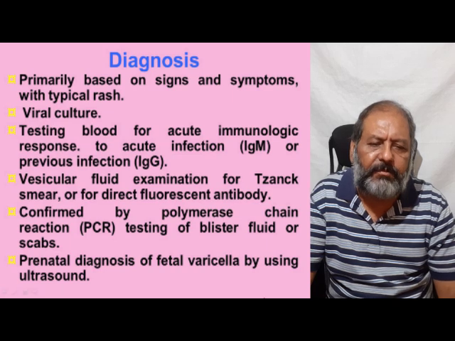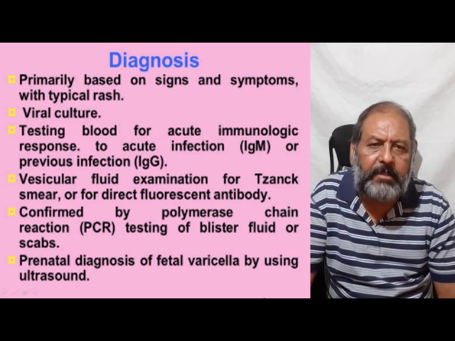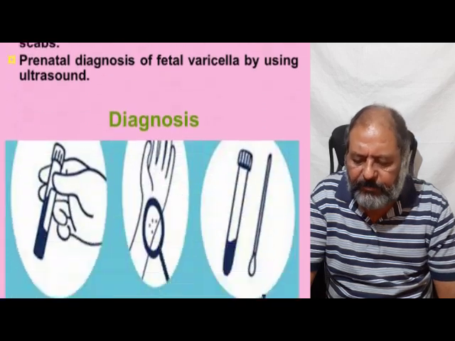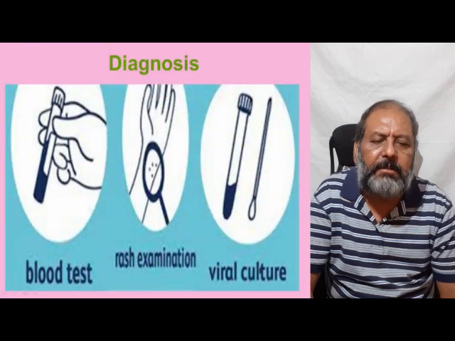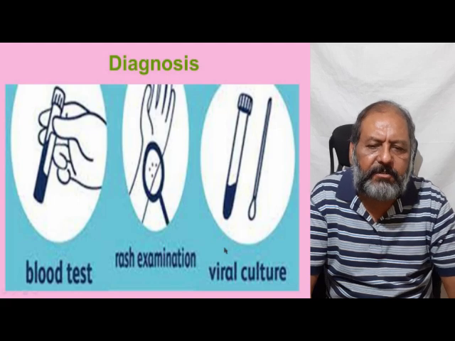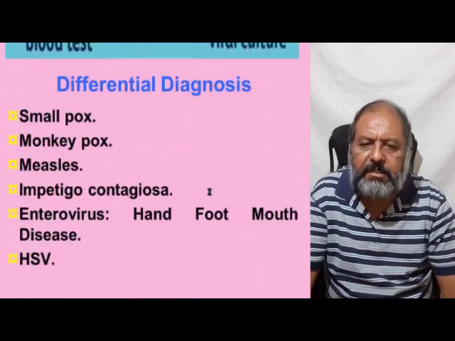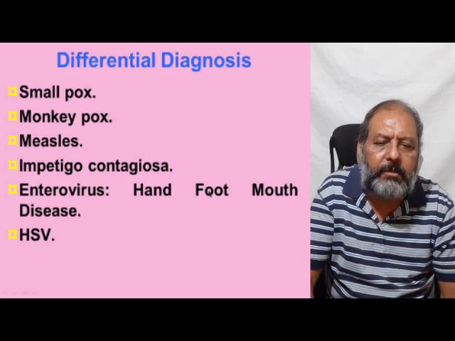Prenatal diagnosis of fetal varicella, if one has doubt, can be confirmed by using ultrasound. So here the diagnosis: blood test, rash examination, and viral culture can help the diagnosis.